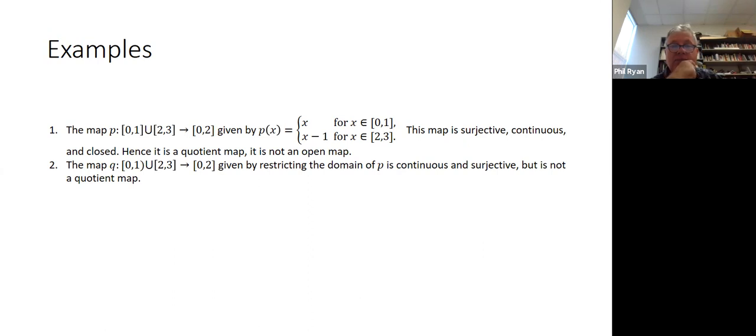So for example, in example 2, (2,3] is an open set, and it's a saturated open set, so it should be sent to an open set, but it's not. So this is not a quotient map. If we concatenate things like that, it's going to screw up the topology.